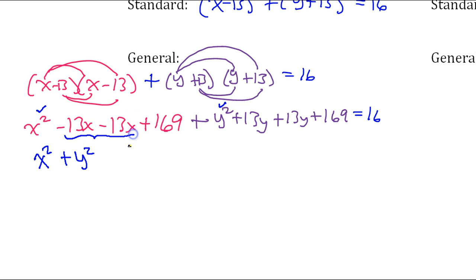If I put these together, that makes negative 26x. Next comes the y's. If I put those together, I have positive 26y. I'm combining like terms. So that just leaves all my constants.